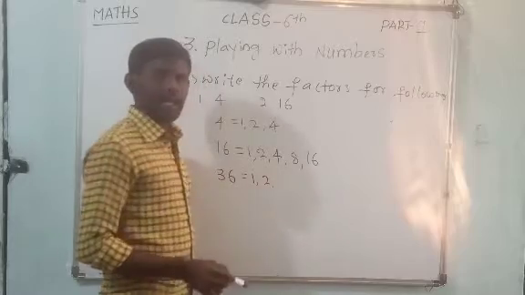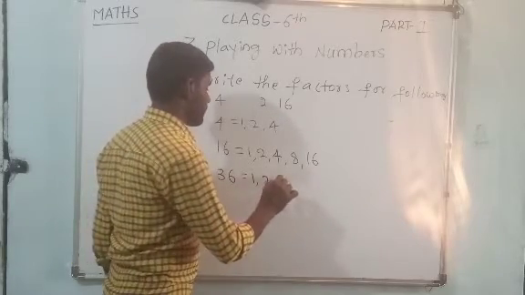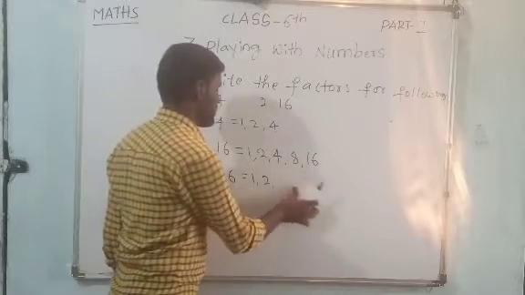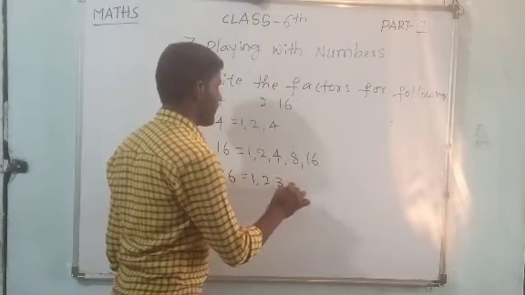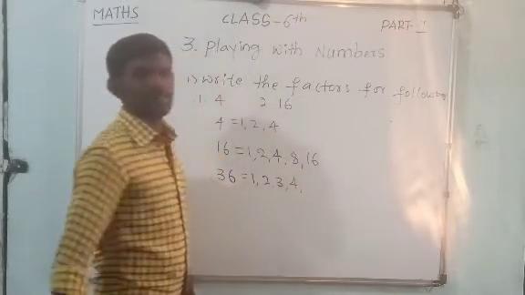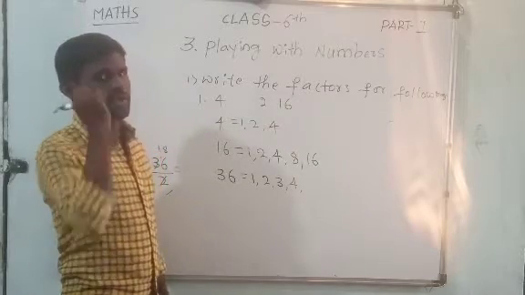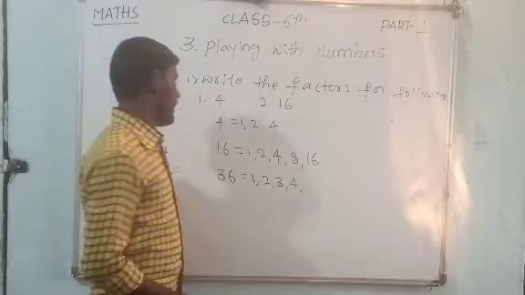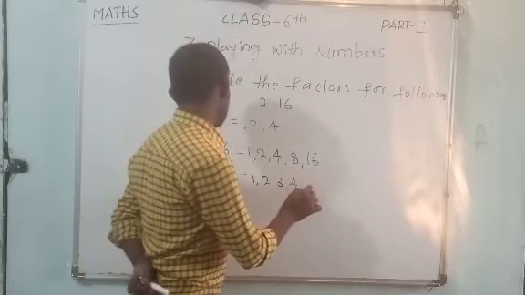Then 4 nines are 36. 12 threes are 36. So 2 is a factor, 3 is a factor, 4 is a factor. 5 there is no possibility; 5 is not a factor of 36. Then 6.